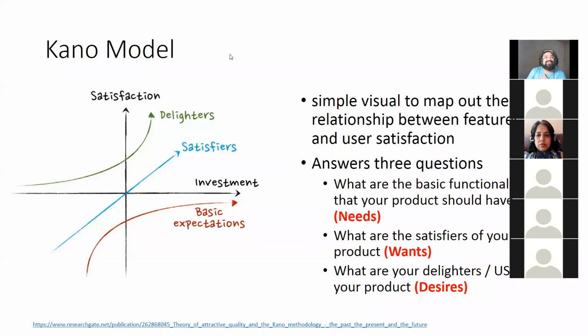Now with the current situation, a sanitized, very safe place is also a basic need. But what is the satisfier? My preferred food, the preferred cuisine, the taste of the food, well served food. These things never came in our basic expectation, right?